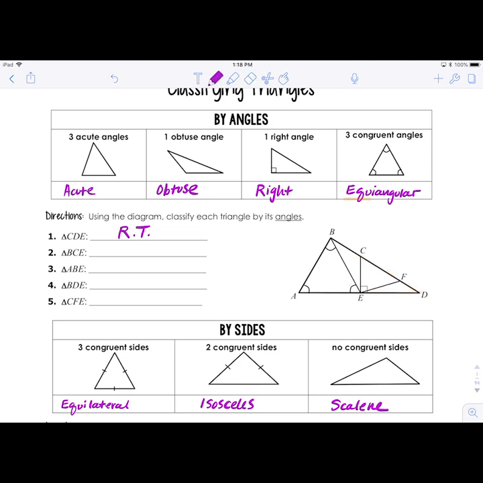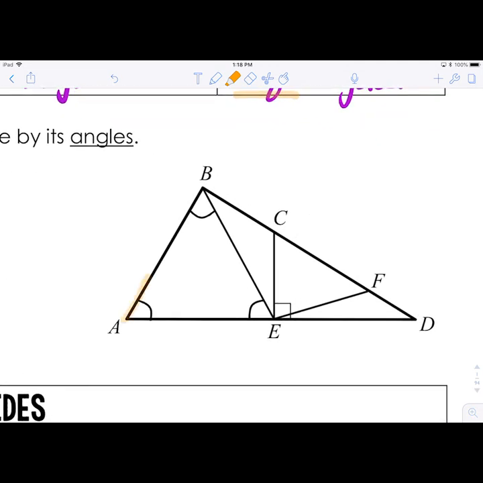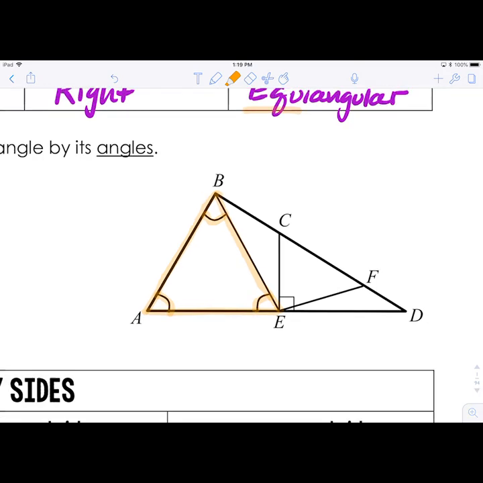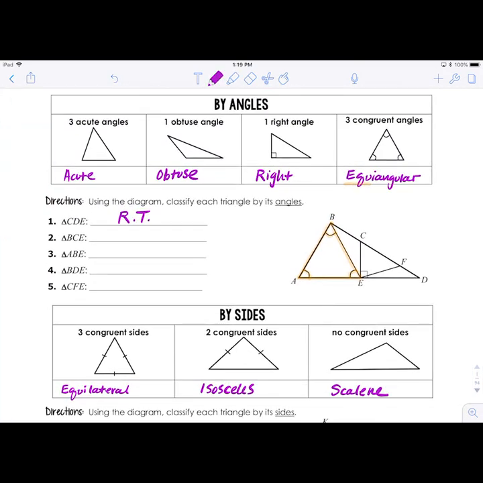Let's look at triangle ABE. You see these little arcs right here. If they have the same arcs at the angle, that means all those angles are congruent to one another. So that is an equiangular triangle.